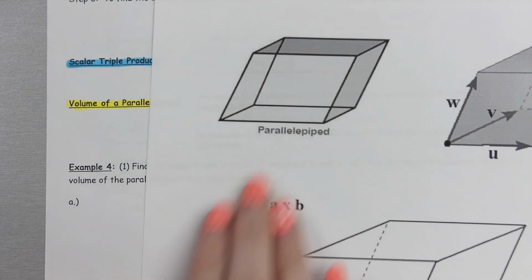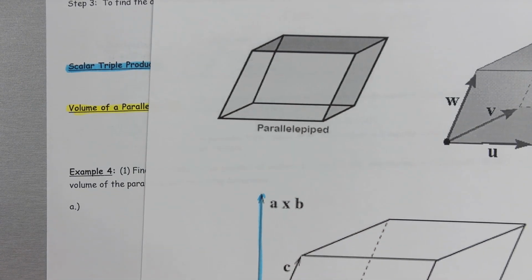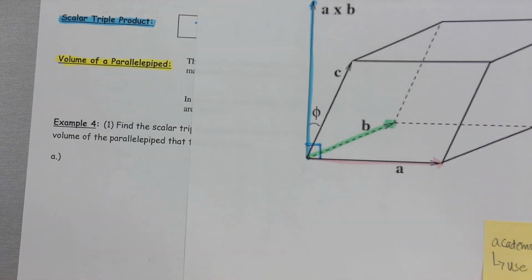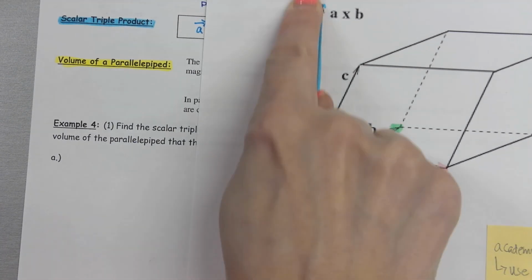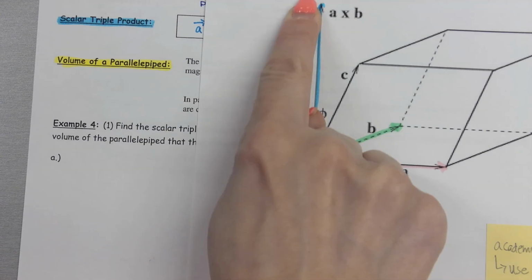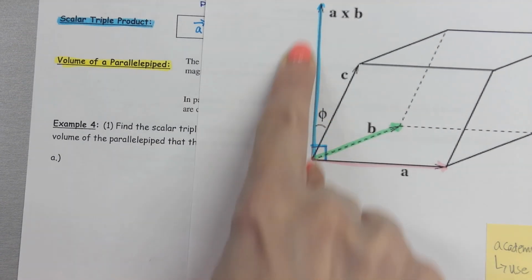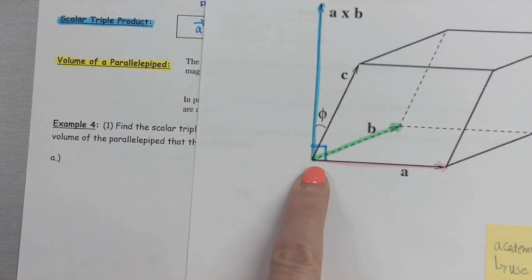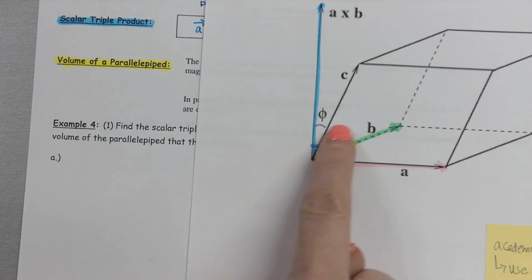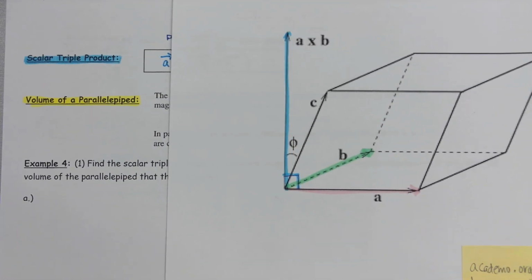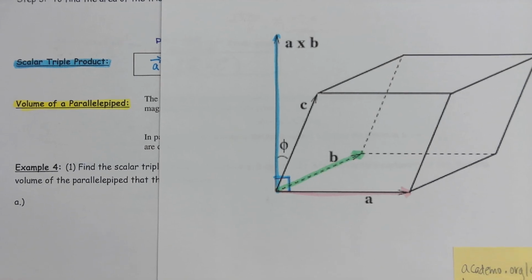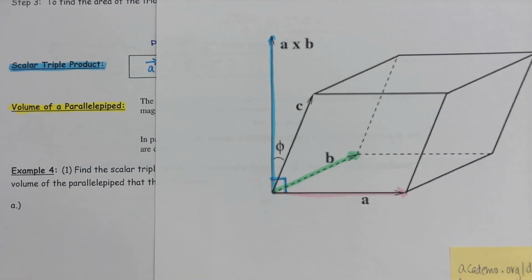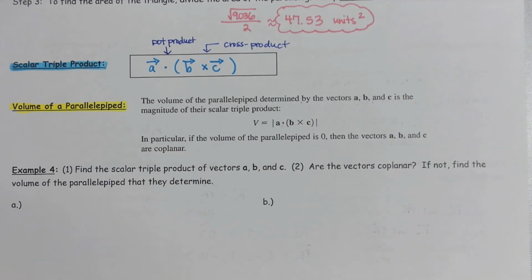The cross product is a vector that is perpendicular to A and B, the 2 vectors that create it. And then look, we have a parallelepiped. So there's a parallelogram. Good stuff.